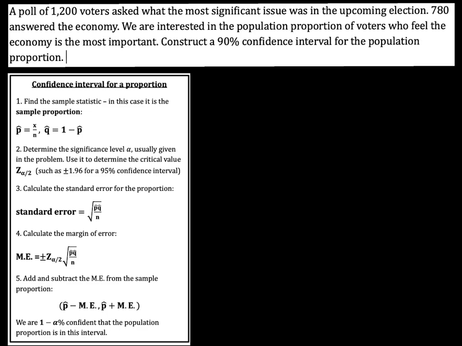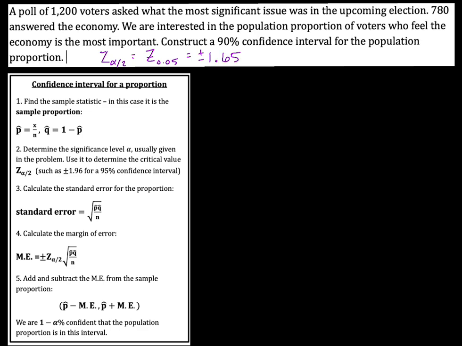So you can look this up for yourself, but the Z of alpha over 2 for the 90% confidence interval is going to be plus or minus 1.65.